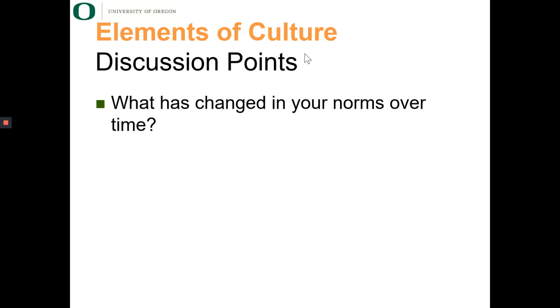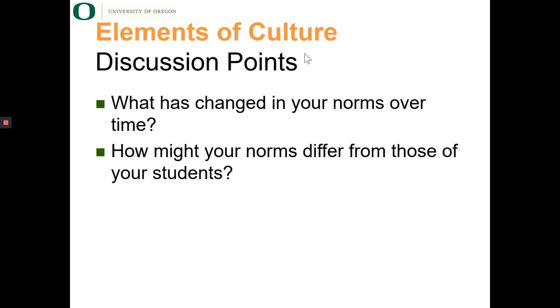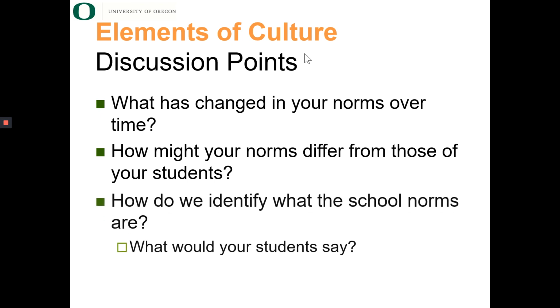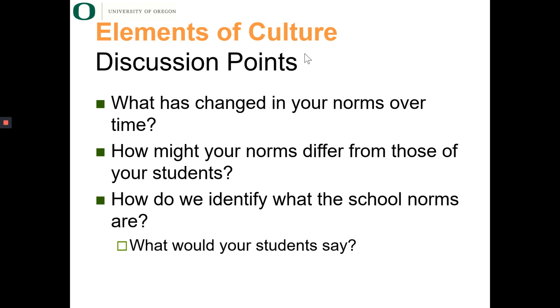So wrapping up, there's a few discussion points that you might consider when you've done this activity. The first one we've talked about, how norms may have changed over time. We've also touched on this, but how your norms may differ from those of your students. And then how do we identify what the school norms are?